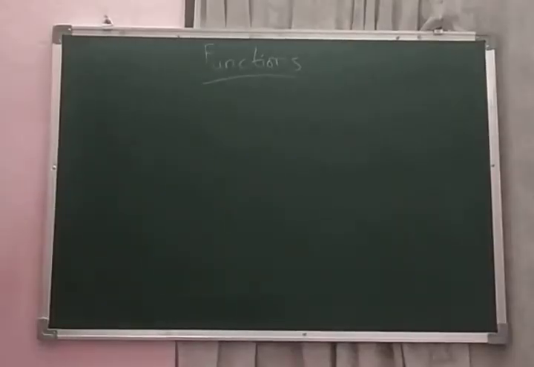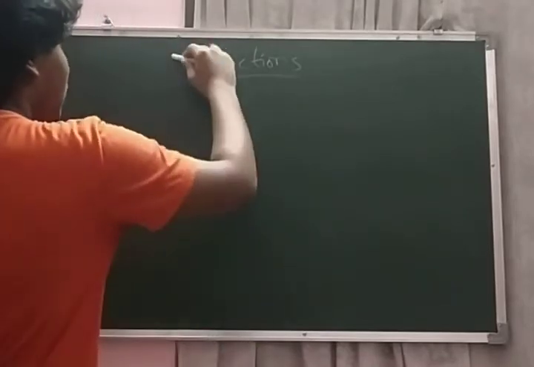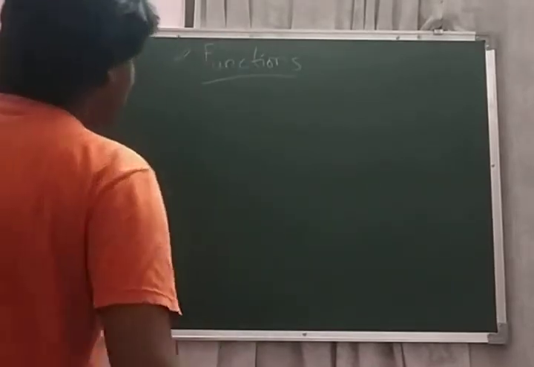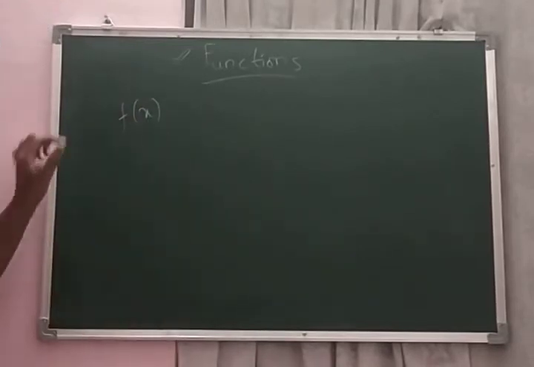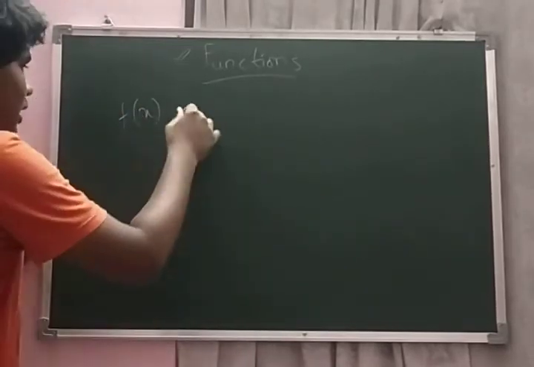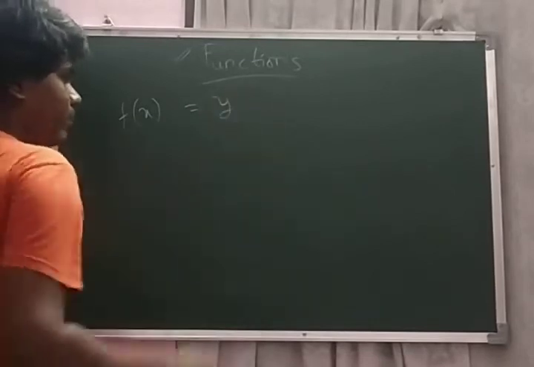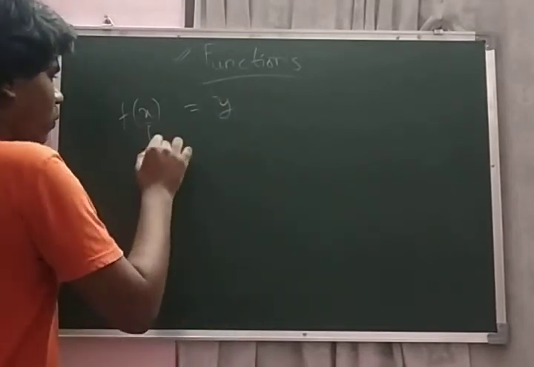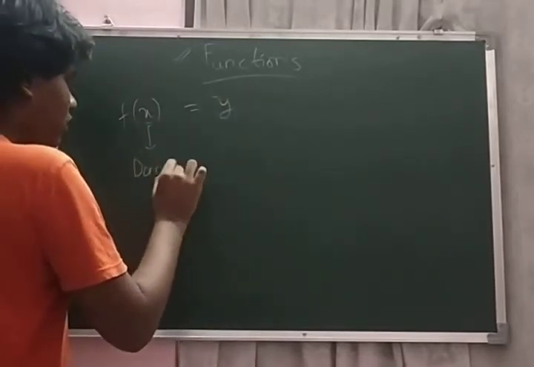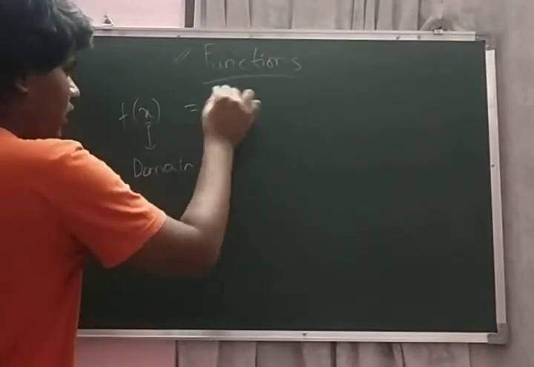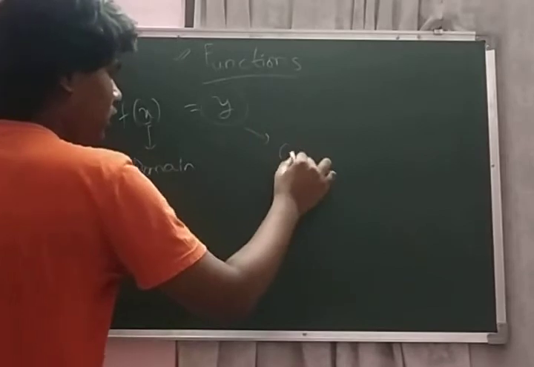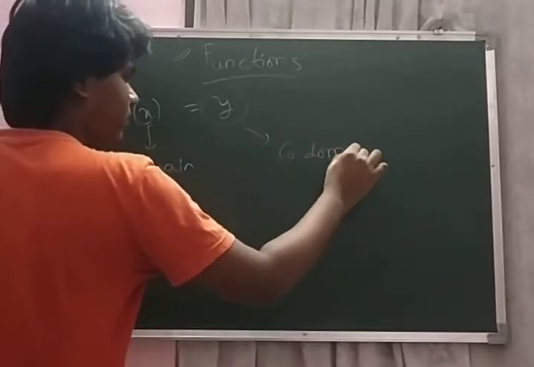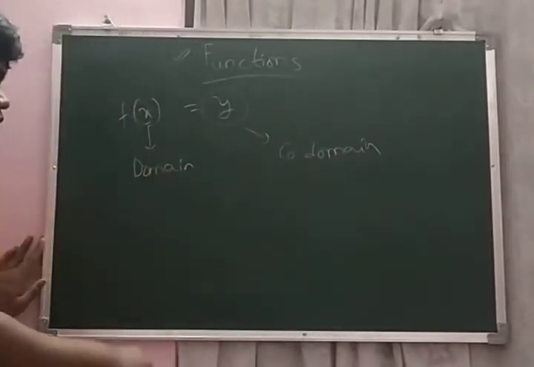So now we are entering into the topic of functions. Generally, a function is represented by f of x. So f of x is a function, f of x is equal to y. Here x is called the domain of the function and y is called the codomain of the function. Now range.